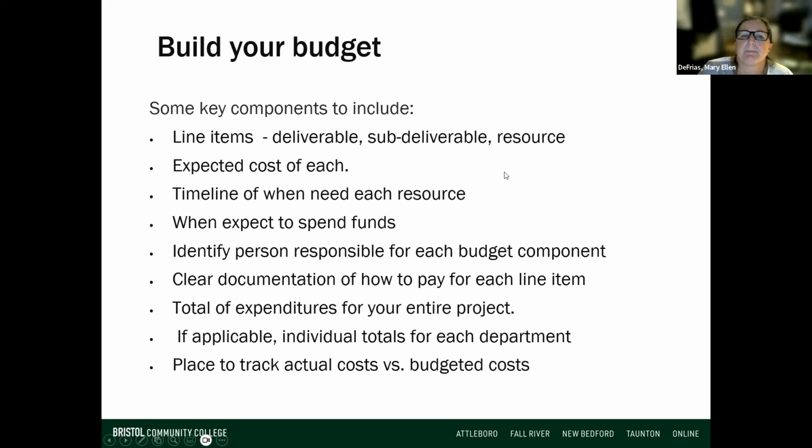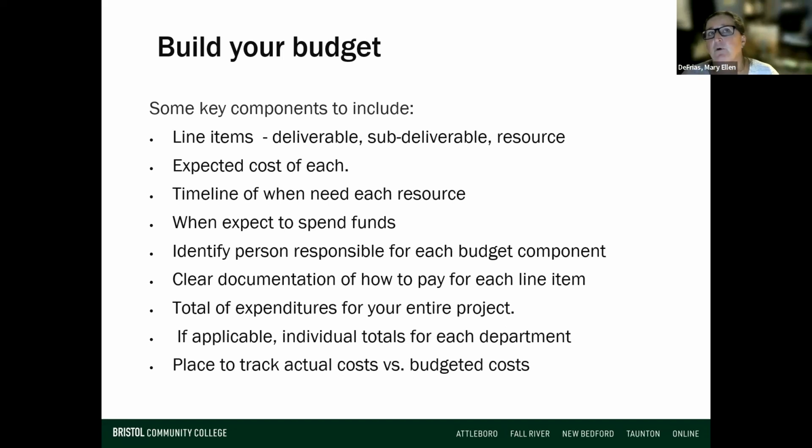So you want to think about each line item and what do you need? What is the cost of what you need? When do you need it, right? Do I need to buy everything for the day we start? Or can I buy some things now, get the project started, and then buy other things as I go down the road?